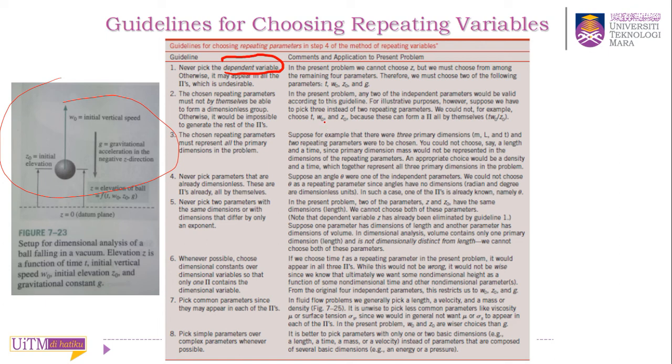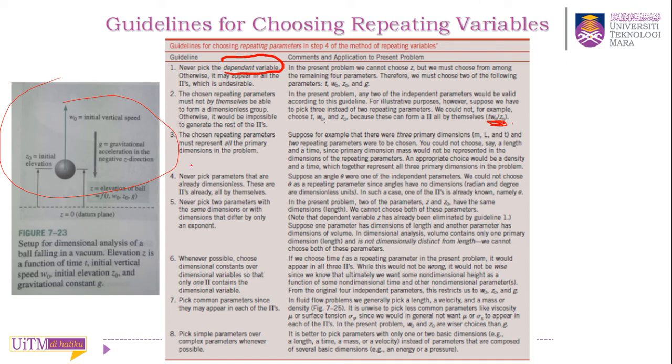So these 3 can by themselves form another dimensionless parameter. If you multiply t with speed over z naught, this will be a dimensionless parameter, there will be no dimension. So you cannot pick t, w naught and z naught all together because they can form a dimensionless parameter. Okay, so that's the second guideline.